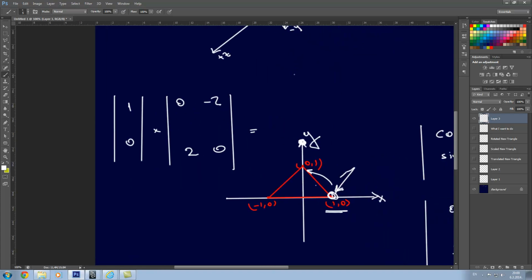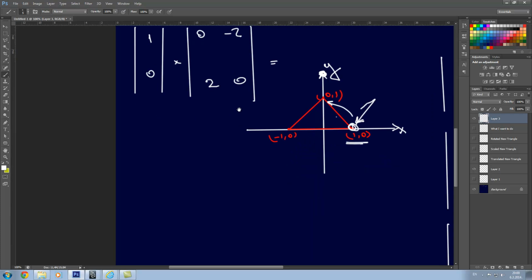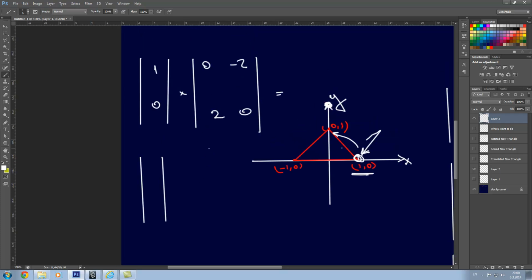It is going to equal, and I'm going to put this right here. When you multiply a vector by a matrix, you actually get a new vector, you get a new position.